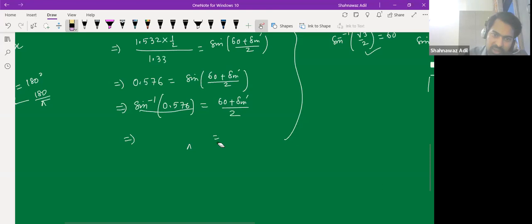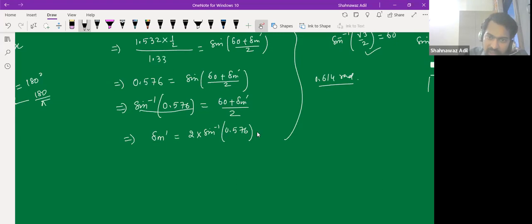So what did I get? 0.614 radian. I will keep this. So you can simply write this delta m prime as 2 into sine inverse 0.576 minus 60. So this answer is complete.